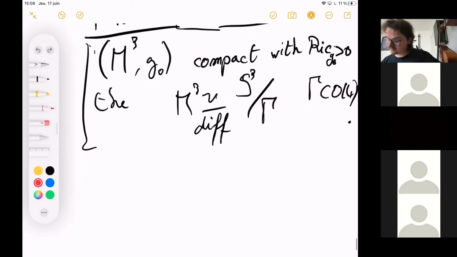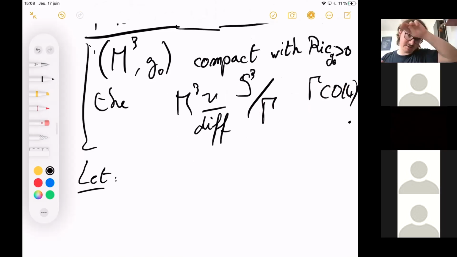Okay, so what did Hamilton prove, and what we won't prove is the following. But we will prove something which is just enough to get the geometric conclusion, and which is an idea which is very powerful, and will introduce some tools which are very useful.